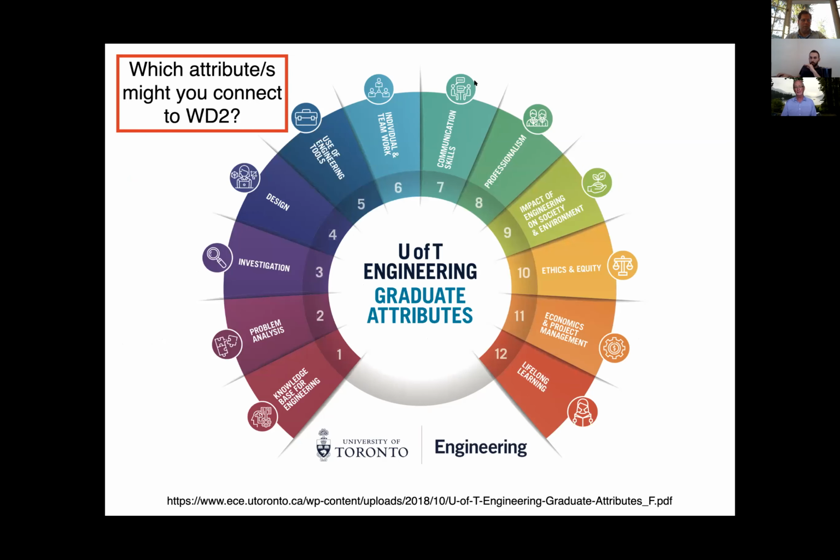The 12 of them cover a lot of range. I've pointed to a few that might be relevant to the work that you've done here in ECE 297. You've certainly worked on design. You've worked on some problem analysis. You've done individual and team work.